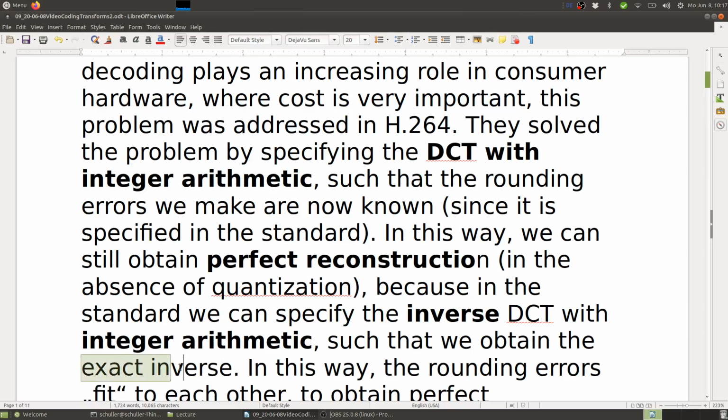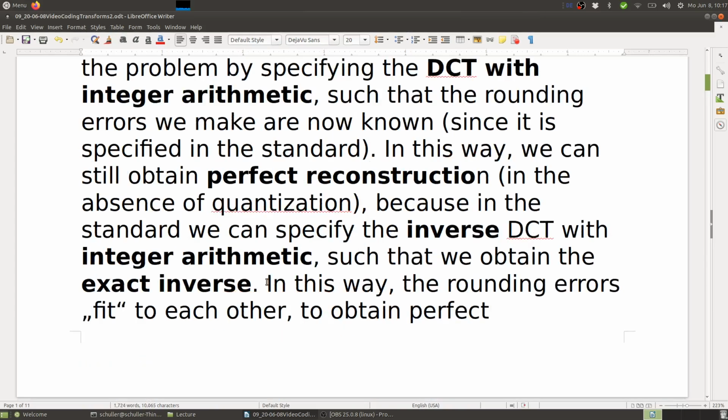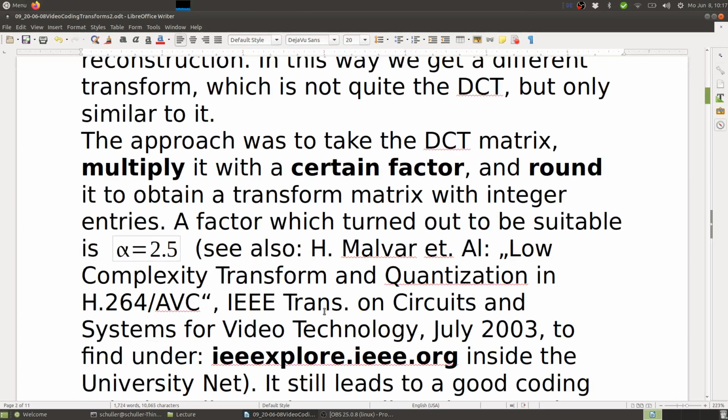So this is what we gain then. We have limited integer arithmetic, but still we get the exact inverse. And that's possible, as we see in the following. So in this way, the rounding errors fit to each other to obtain perfect reconstruction.